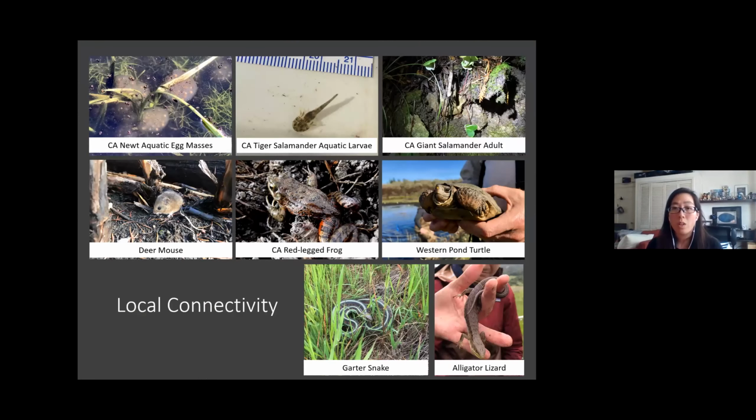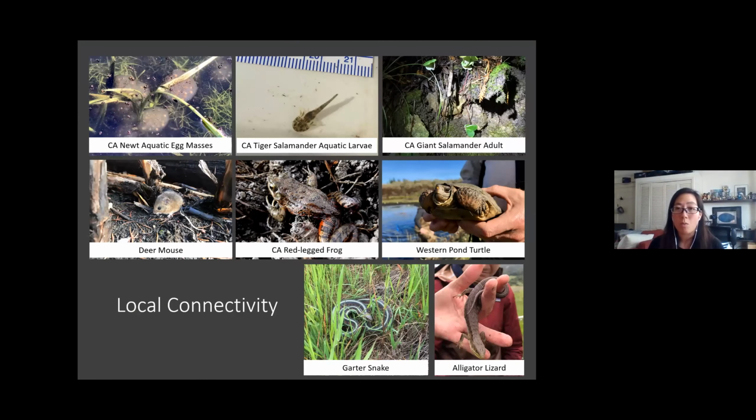And so the types of connectivity can range in scale. Local connectivity is really important for smaller species, or species that don't move as well, that are maybe a little bit slow, or that are very particular and prefer very specific habitats that are very close together, maybe a couple miles, we'll say.